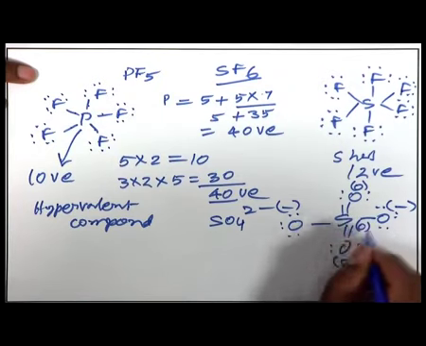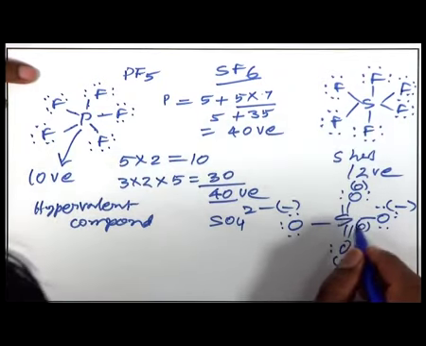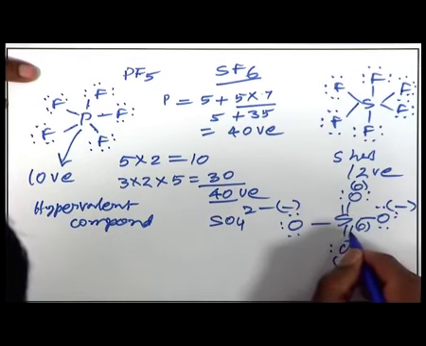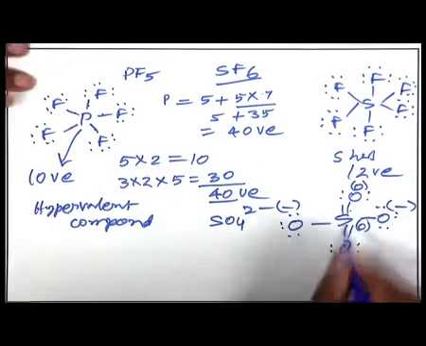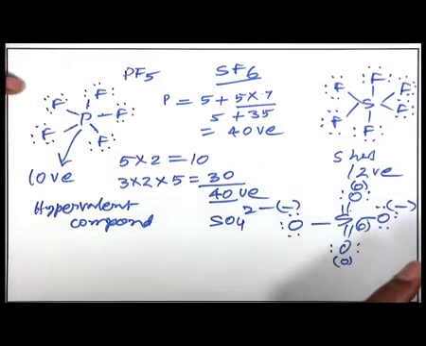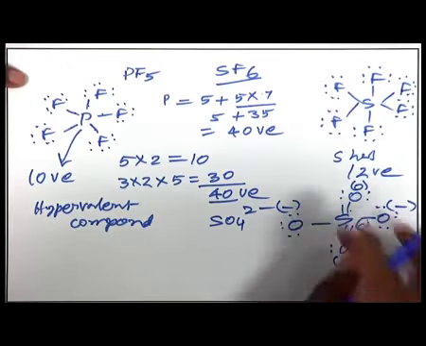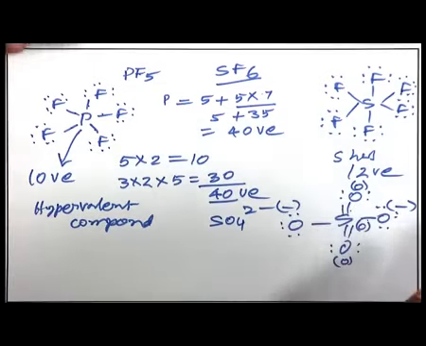Now, if you count the number of electrons around this sulfur atom, 1, 2, 3, 4, 5, 6, 6 into 2, 12 valence electrons, but it is not considered a hypervalent compound. It is an extended octet.